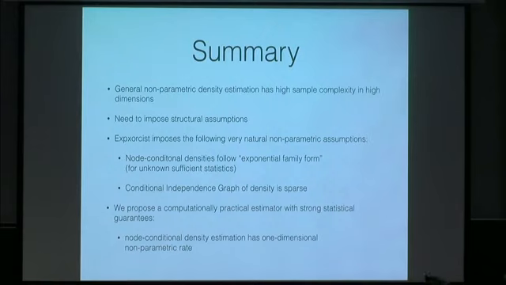And again, this is an assumption only in as much as our sample complexity scales polynomially with the sparsity. And we propose a computationally practical estimator, whose sample complexity essentially corresponds to a one-dimensional non-parametric rate. Okay, thanks.